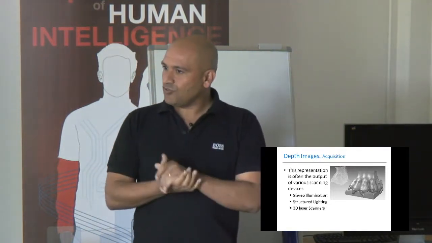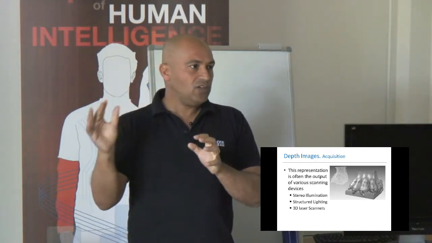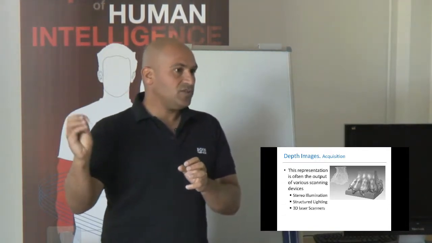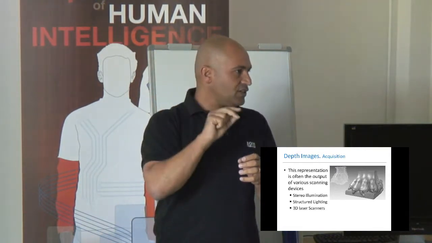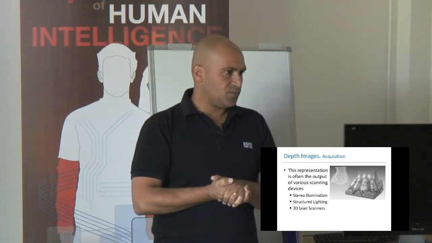Most of these technologies were based on trying to illuminate the object from a specific point, take an image, and then illuminate from a different point, take another image, and try to find correspondence between these points.